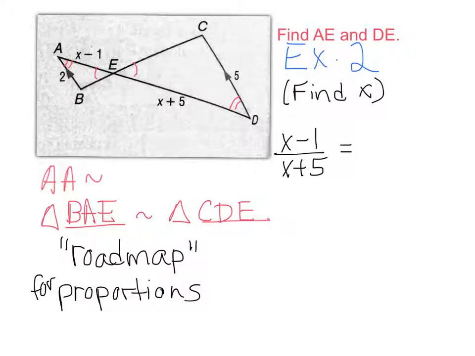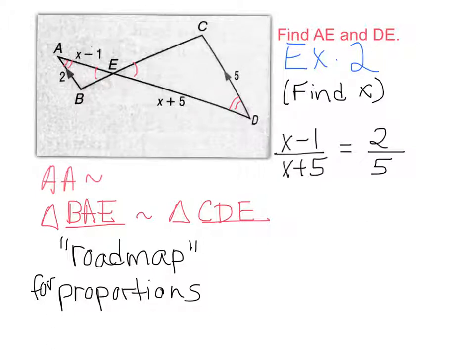And so if we started with X minus 1 in the numerator, then we need to pick another side from that left-hand triangle BAE. So we'll go with 2 because that's the only other one we have. And 2 is the label for side AB, as we can see here. And AB, the first two letters, corresponds to CD in the second triangle, and CD has a label of 5.